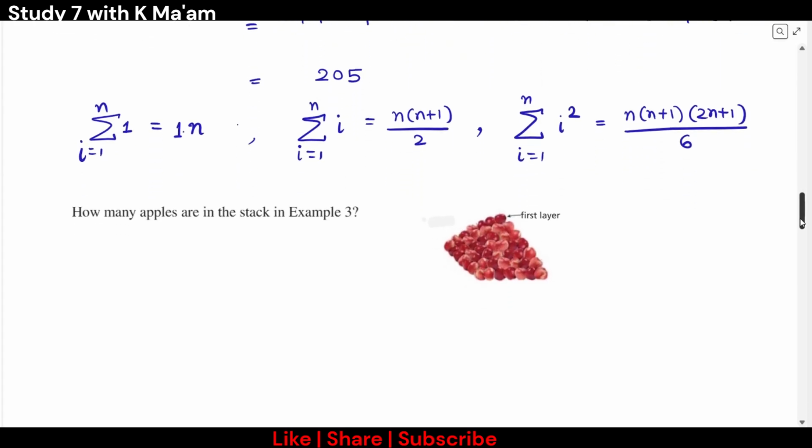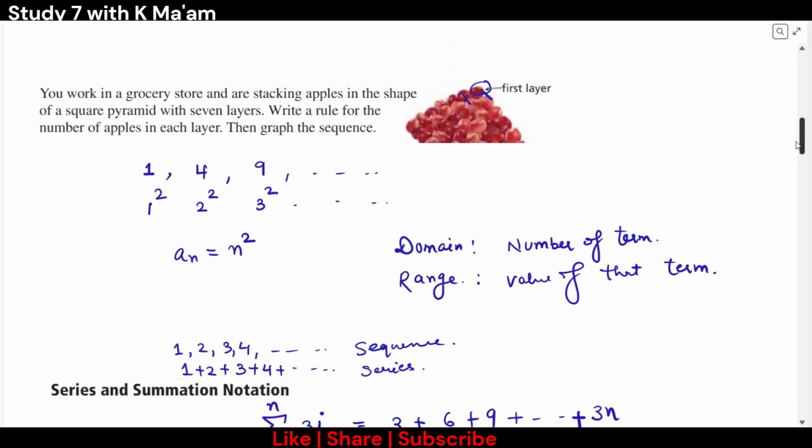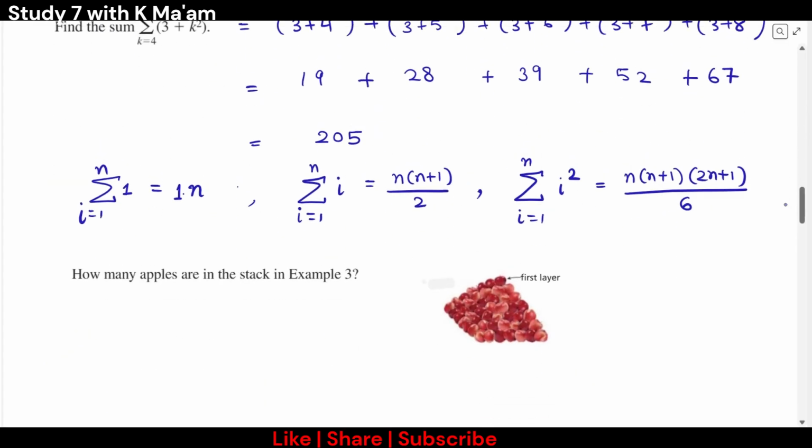Now look at this. We have solved this question here by writing its general term. The general term was n square. And the question is asking how many apples are in the sack here. So in total how many apples are there? To see, how many layers are there. First layer, second, third, fourth, fifth, sixth and seventh.